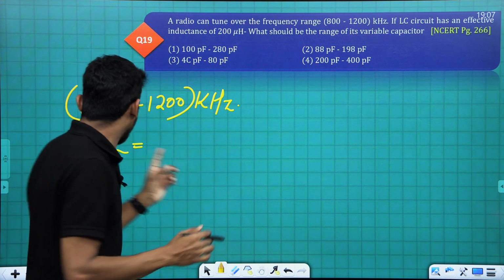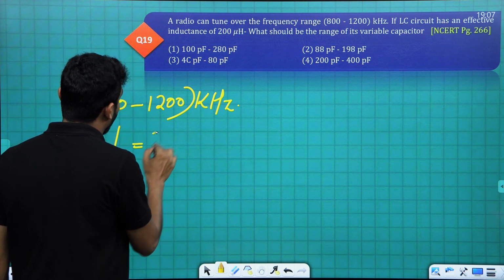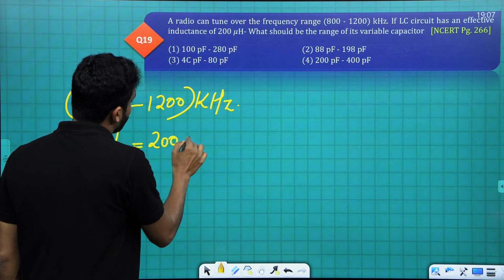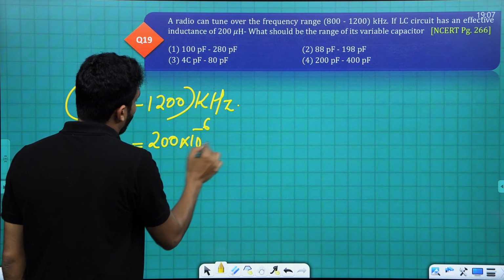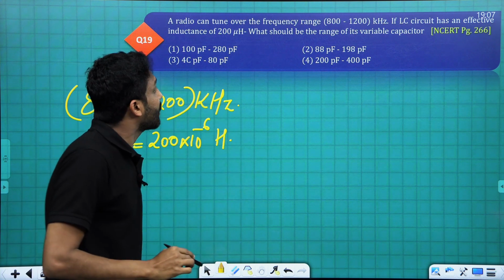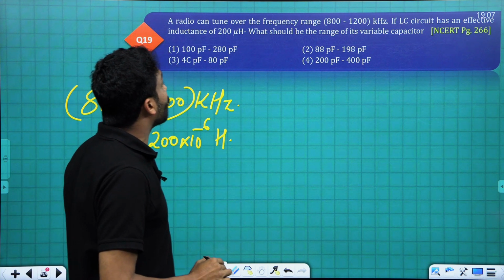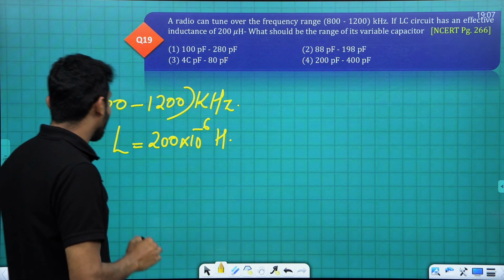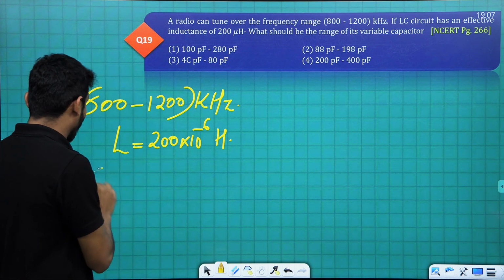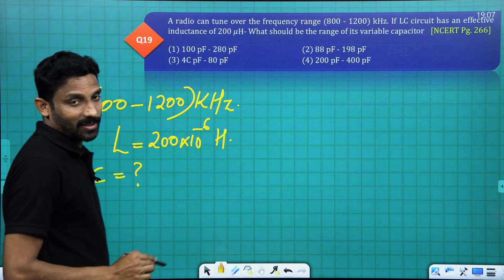There the inductance value is given as 200 microhenry. What should be the range of its variable capacitor? What is the range of the variable capacitance is asked.